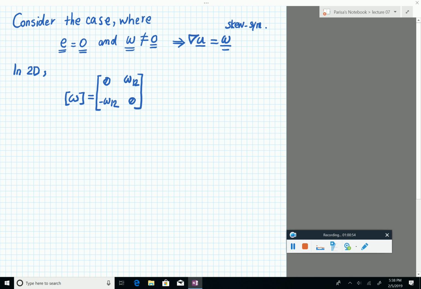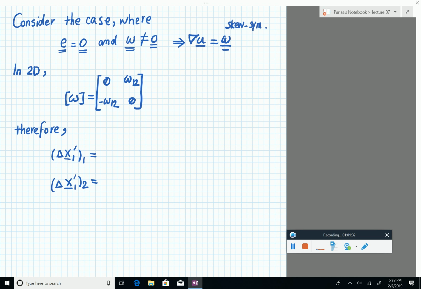So now, therefore, now I want to see what happens to delta x1 prime. We are in 2D, so I have two components. Let's just look at delta x1 prime.